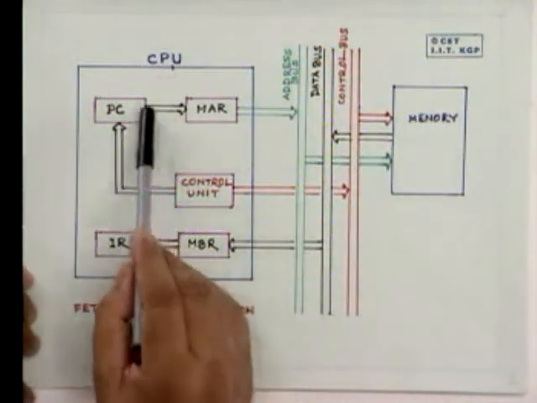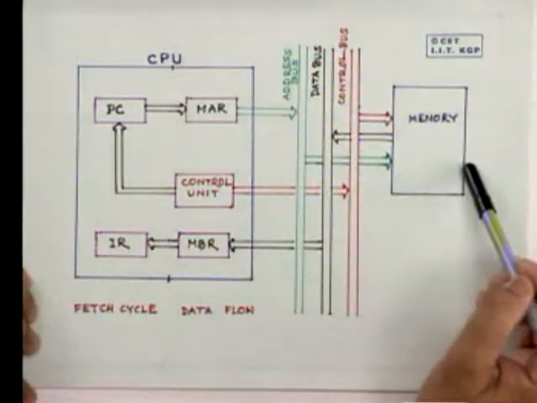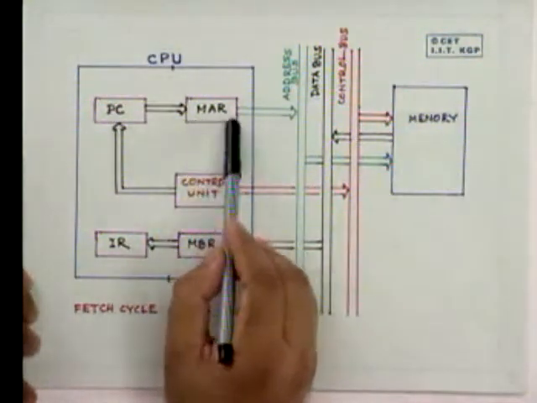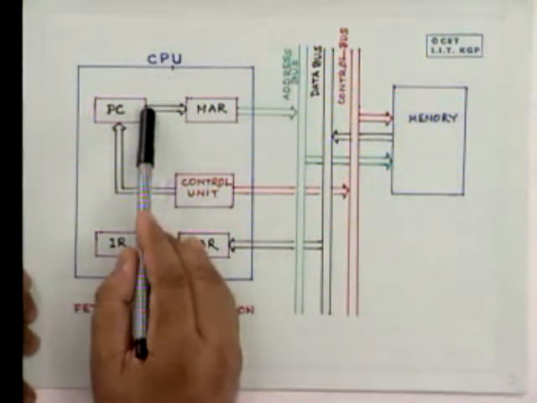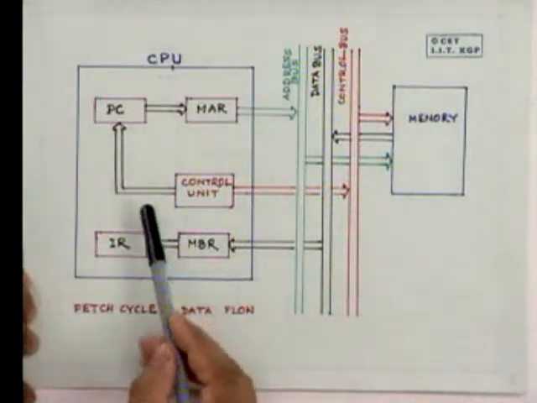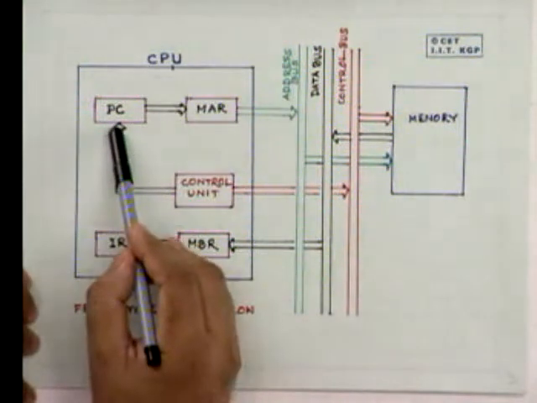Therefore that has to be fetched, and whatever we have to fetch from memory, the address of which should be in the memory address register. Therefore the program counter content is transferred to the memory address register. This is controlled by the control unit once more.